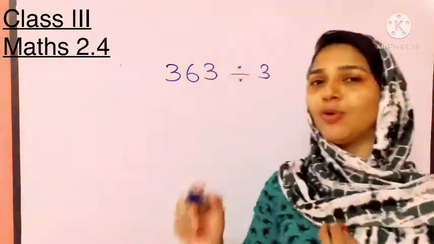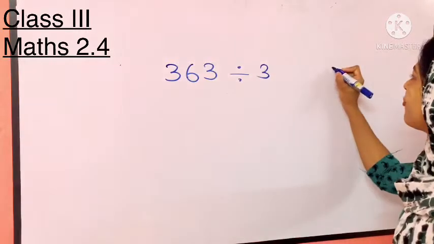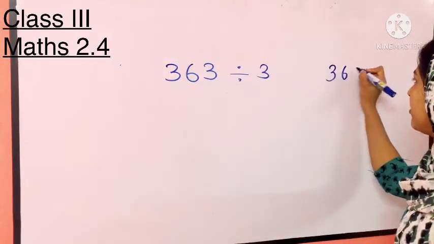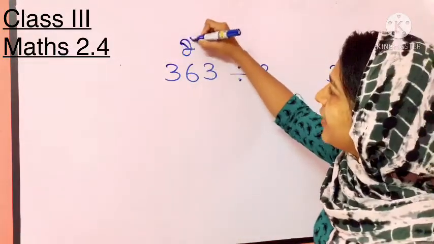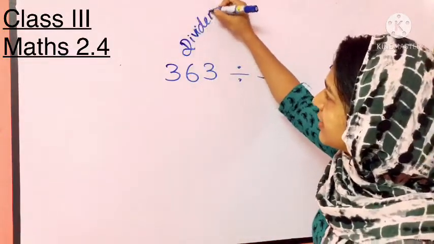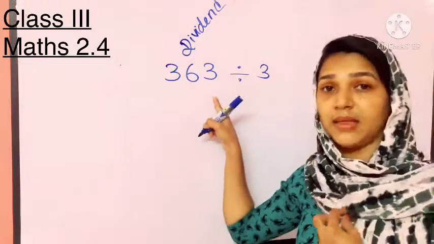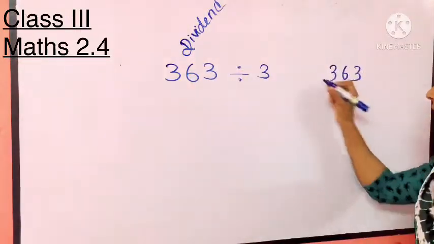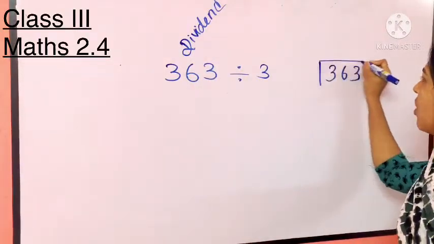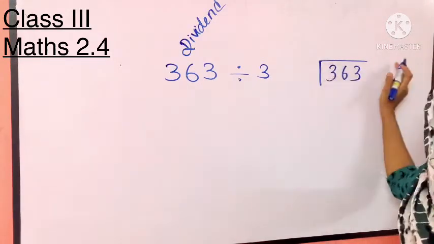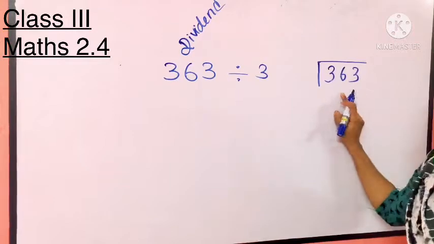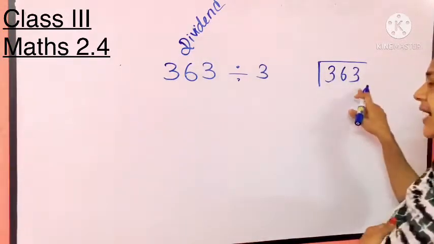Let me show you how to find out the answer. First of all, we have to write 363. 363 is the dividend. We should write the dividend inside a small box. We should draw a small box like this and put the dividend inside it.